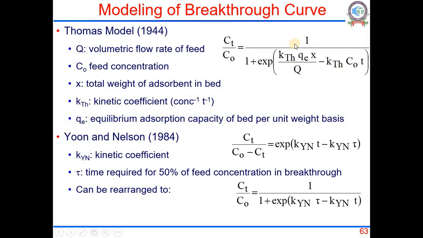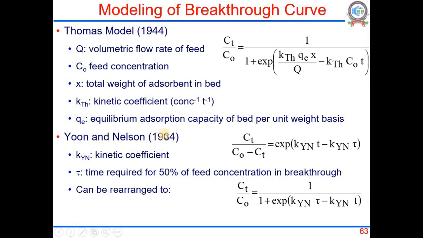So you can predict the outlet concentration as a function of time if you know these parameters. Alternatively, if we know this outlet concentration as a function of time, we can fit these parameters to the data and use those fitted constants for scaling up or for trying to look at what happens if I have a different bed and so on and so forth.